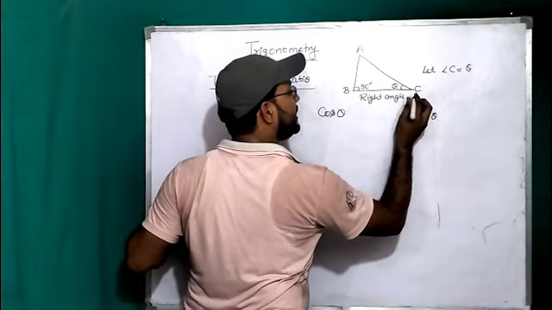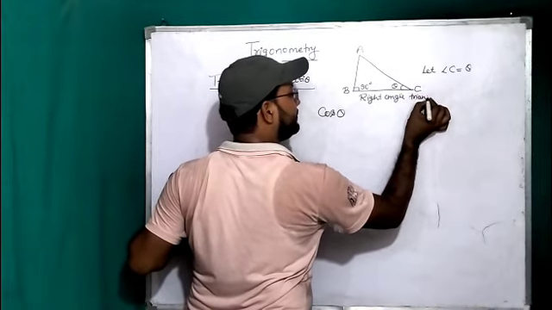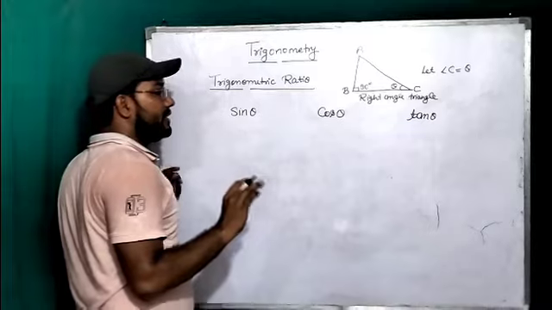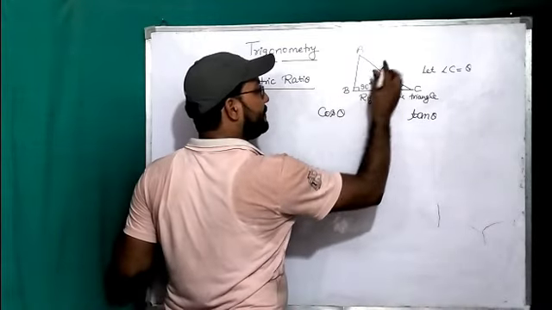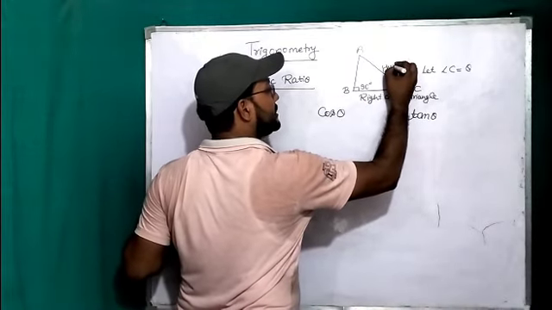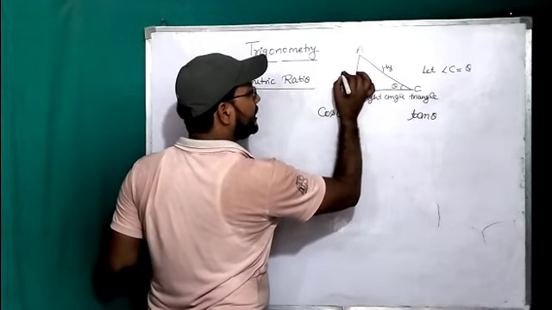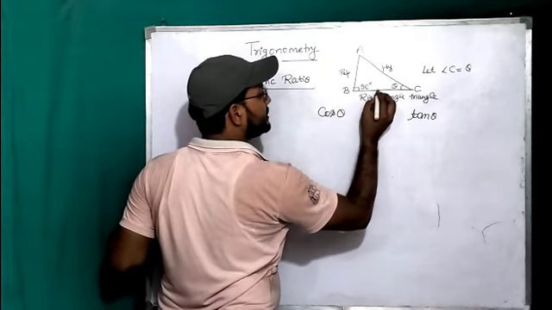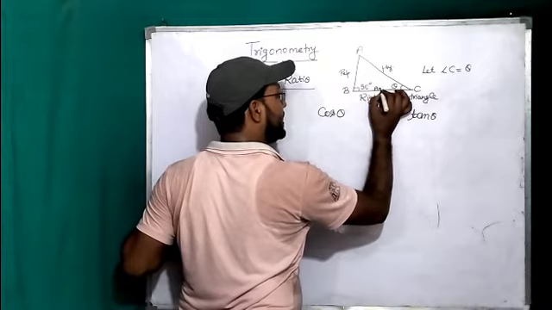Here you can easily say that the side in front of 90 degrees is the hypotenuse, the side opposite to theta is the perpendicular, and the remaining side is the base.